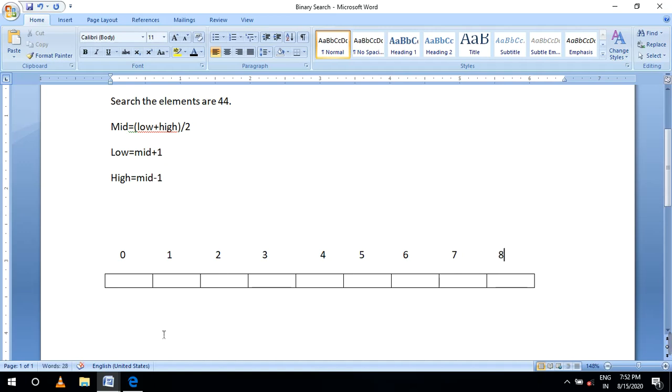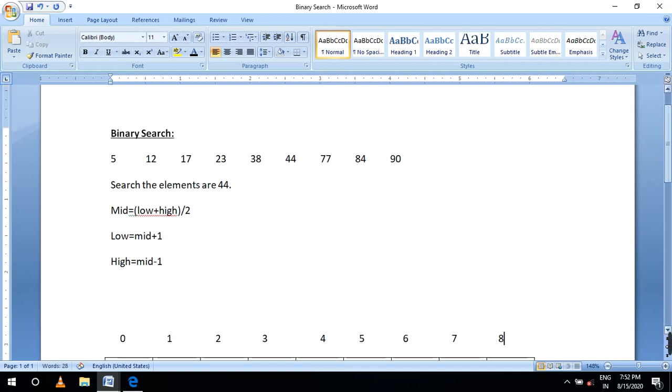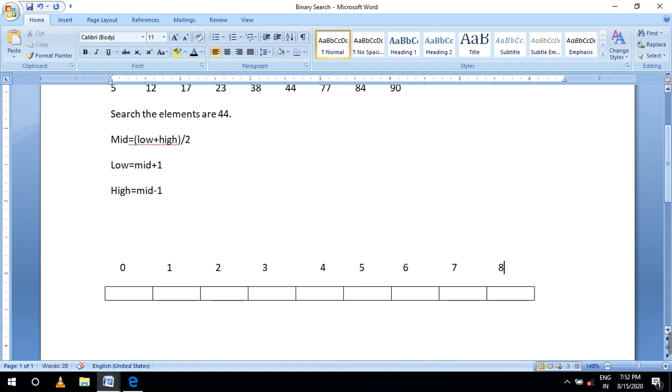So I am using the array concept. In the array concept we are declaring starting indices from 0, based on the array elements. I am taking 9 elements. If you want, you can declare 1 to 9 also, but I am now declaring 0 to 8.